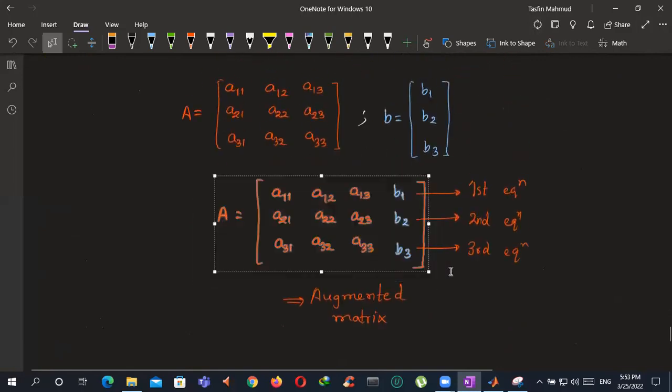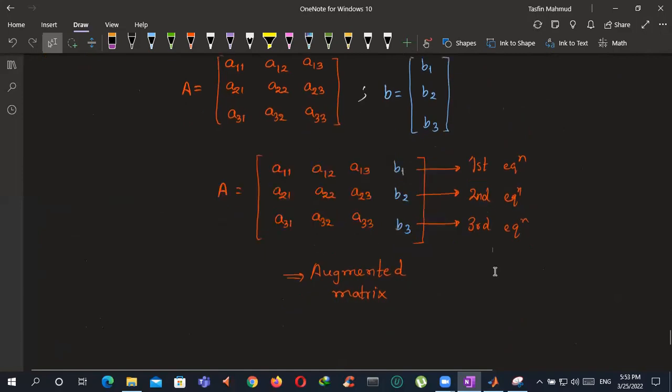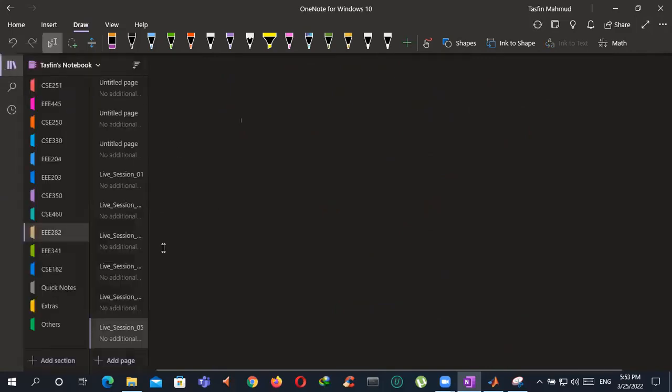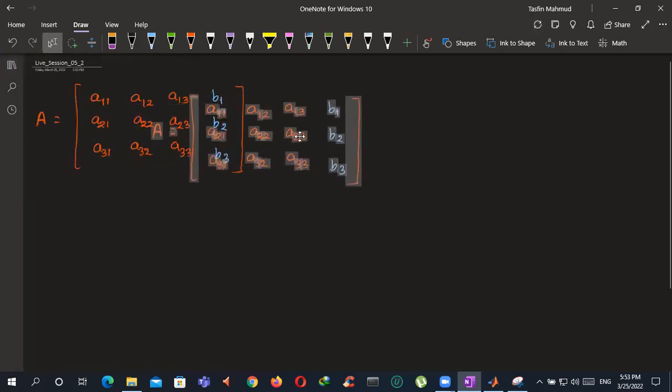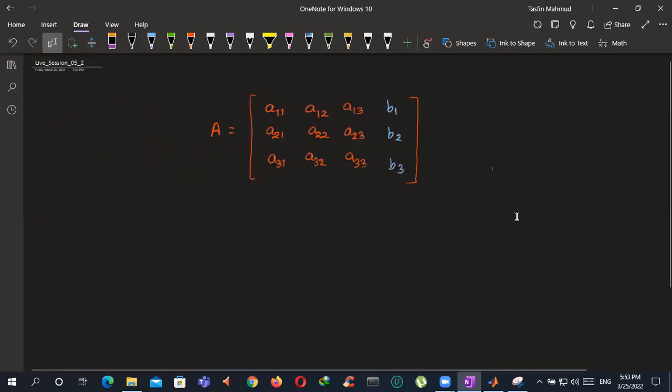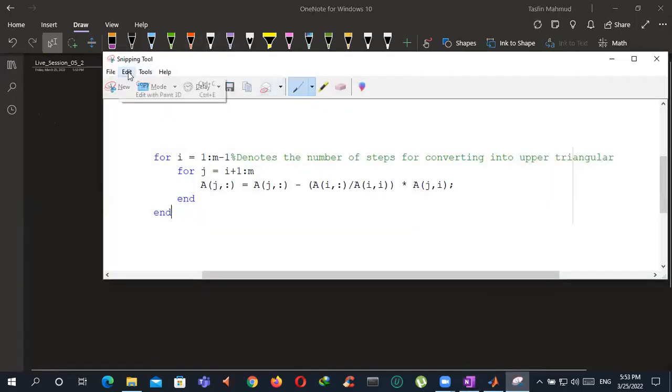We have the augmented matrix with us. Okay, let me open a. So we have this augmented matrix with us, and now we will see what this code snippet is.